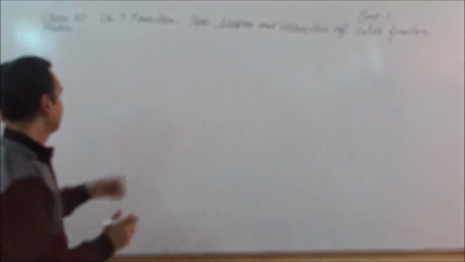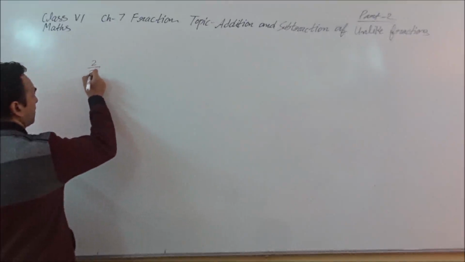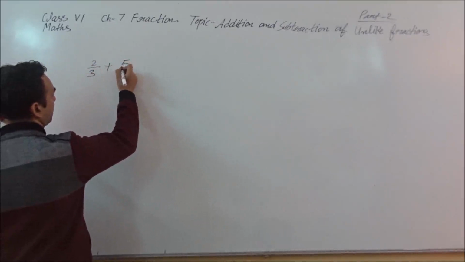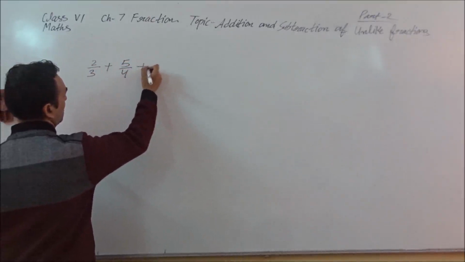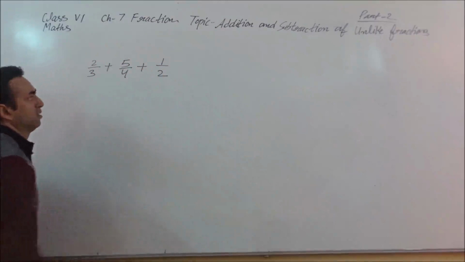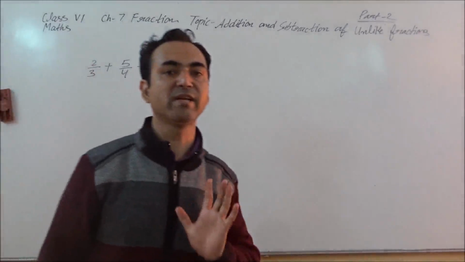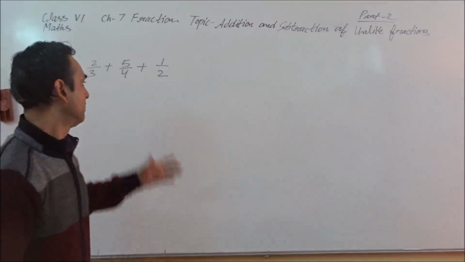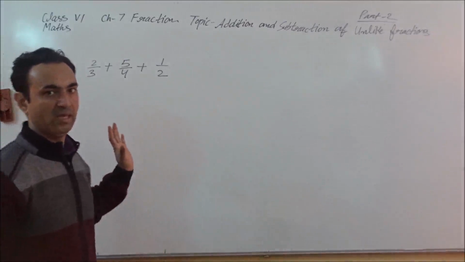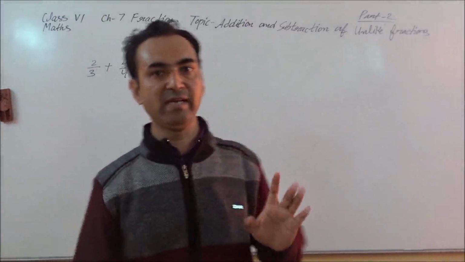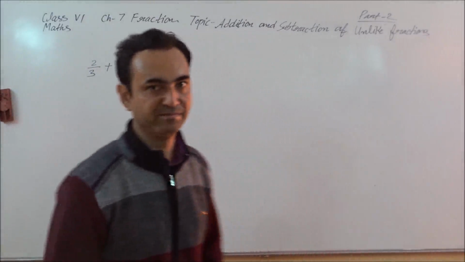Another method is the LCM method. See here, 2 upon 3 plus 5 upon 4 plus 1 upon 2. Suppose we have to add all these 3 fractions together at a time. So we have to take the LCM. In chapter number 3, Playing with Numbers, we have understood how to take the LCM, right?